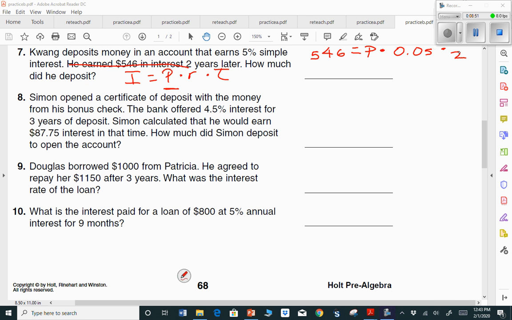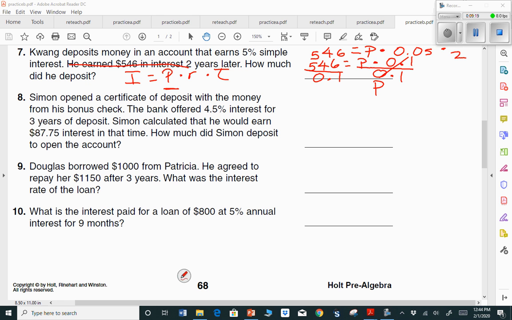Okay, so solving this is just a little bit more complicated. First, we're going to do the 0.05 times 2, which equals 0.1. And then in order to get P by itself, we're going to have to divide both sides by 0.1.